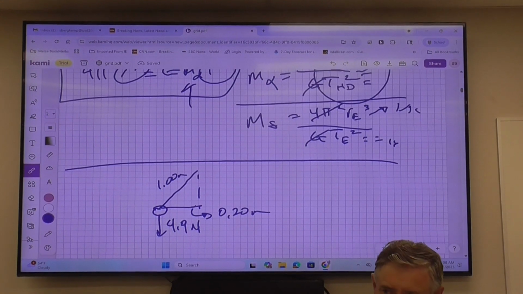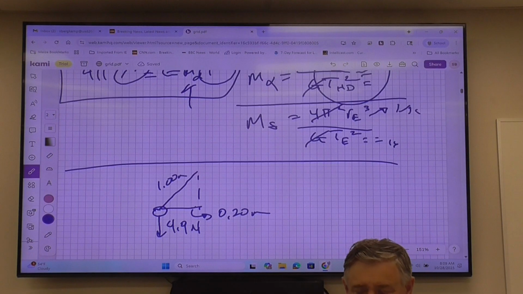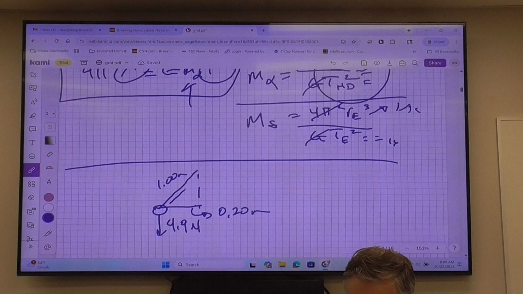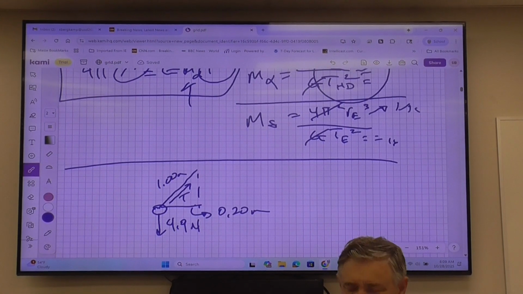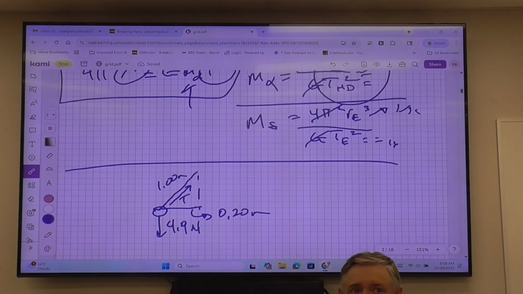So there's a whole bunch of things that you can do with this. The first one is realizing that there are only 2 forces, actual forces, acting on that ball. One is the gravitational force acting down, and the other one is the tension. As far as actual forces, not components of forces, there are only 2.